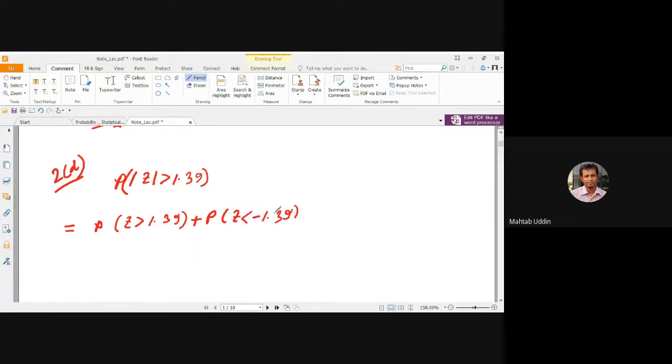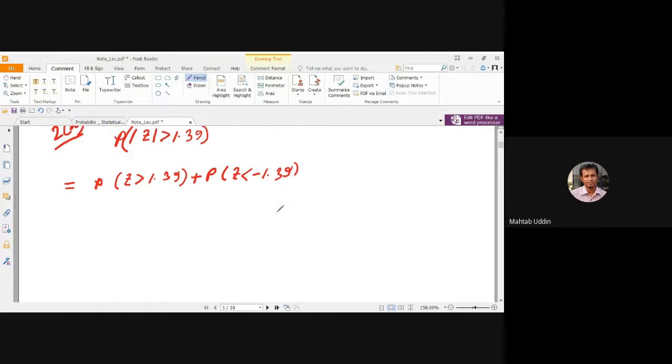Both of them have symmetry, so you can read it as 1 minus phi of 1.39 plus once again 1 minus phi of 1.39. So you can write 2 minus 2 phi of 1.39.